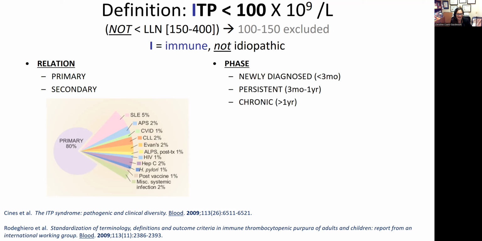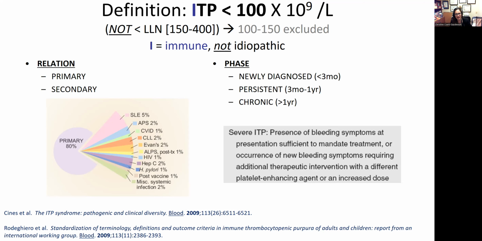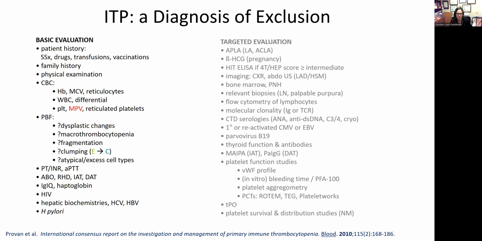And we have 3 different phases by which to describe ITP. And severe ITP is if the patient's presentation comes with bleeding that requires major intervention. So your diagnosis of exclusion is ITP. We don't have tests by which to rule it in.